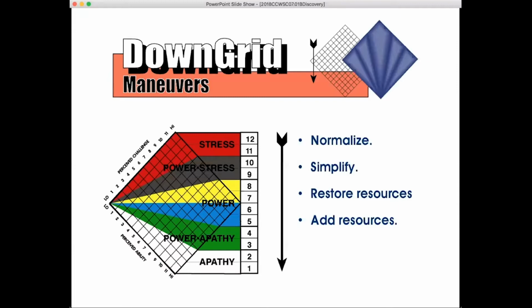Now you're tipping your toe into adding resources. But nevertheless, it seems to be working more with someone's perceived availability of resources, and whether you are impacting that perception by restoring or by adding. That really depends on how the conversation is unfolding. But most definitely, that's a downgrade maneuver.